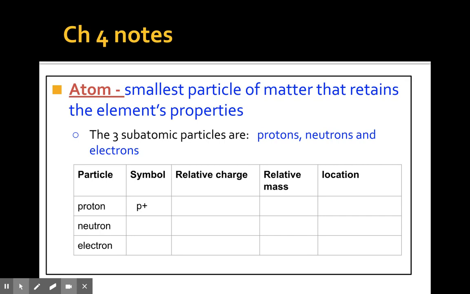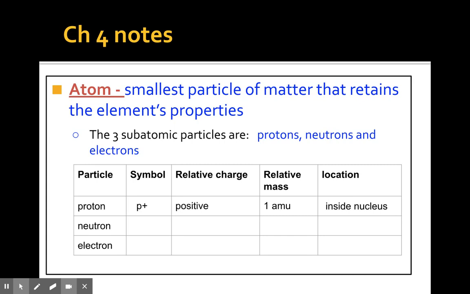The relative charge for a proton is positive. The relative mass is 1 AMU. So AMU represents atomic mass unit. And protons are located inside the nucleus.